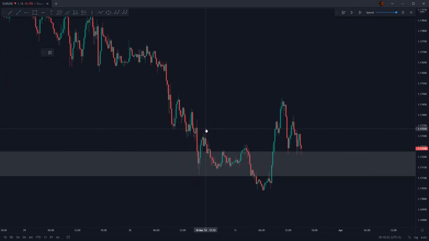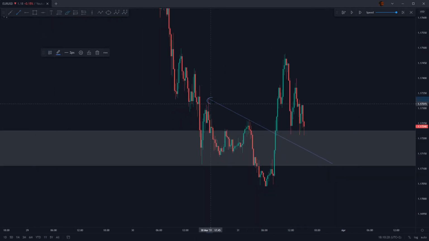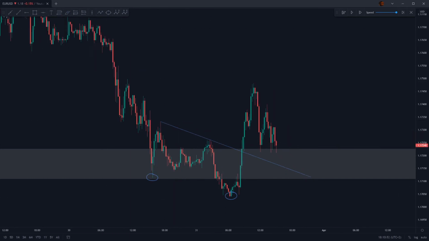I drew in a trend line by connecting the most recent two lower highs, as you can see over here: high, lower high, and then we had a low and a lower low. Then we broke this high, so we broke structure, and we went from the downtrend into a lower time frame uptrend. So we changed trend within my reversal area, and that enabled me to start looking for potential buys.